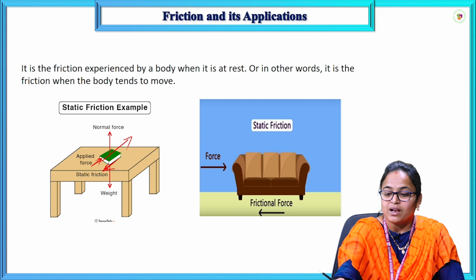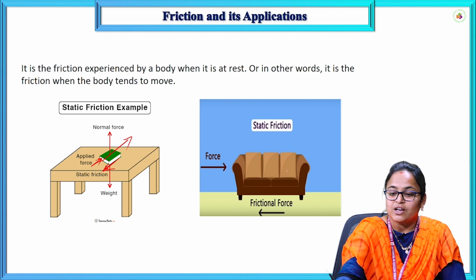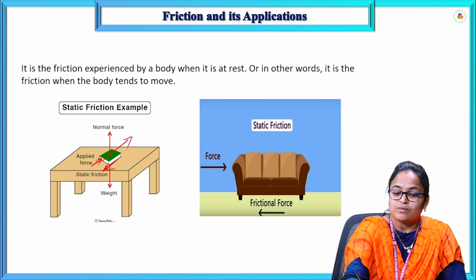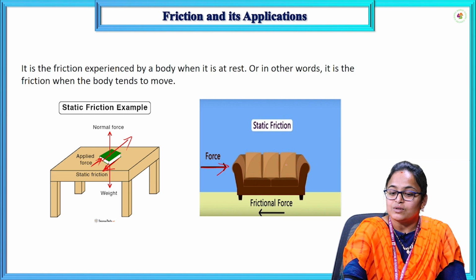This is the example. And second one, this is a regular life example. If you see a sofa on the floor, what is happening here? In this direction we are applying the applied force. Because of this applied force, the sofa would move like this.